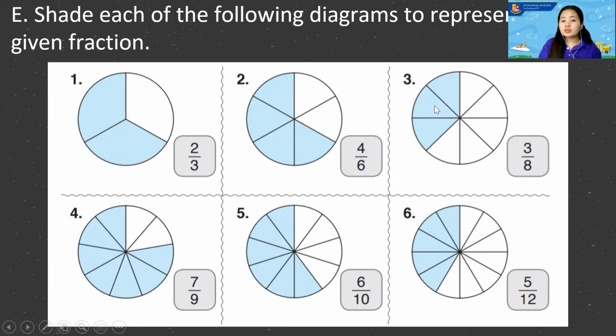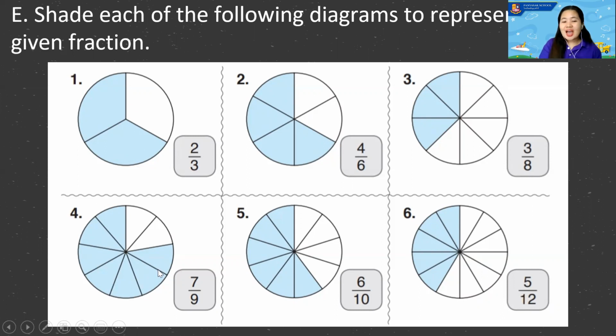So 1, 2, 3. You can use any color you want, okay? Any color will do. Okay, how about number 4? So how many will you color? So that is 7. So 1, 2, 3, 4, 5, 6, 7.